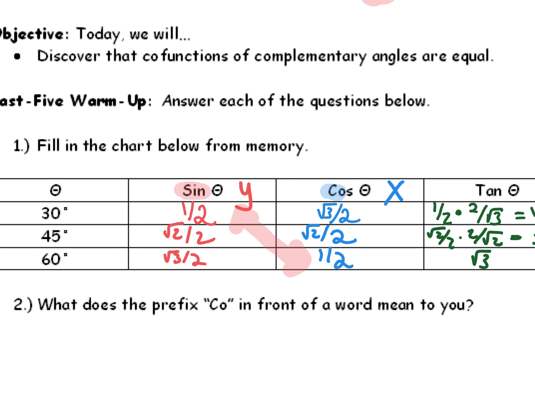Conversely, the sine of 60 is the same as the cosine of 30. And last but not least, if I go straight across at the 45s, those are big arrows, by the way, we got the sine of 45 being the same as the cosine of 45.